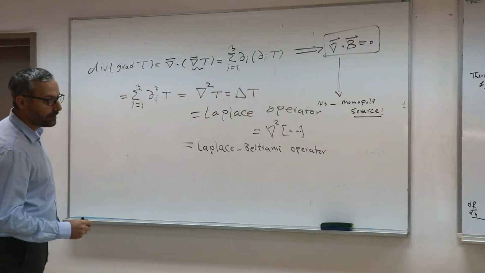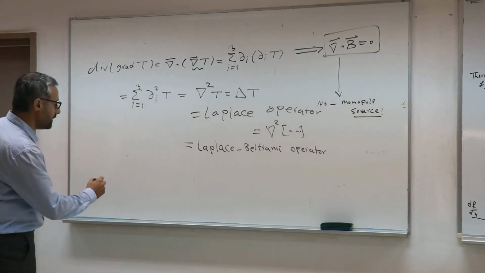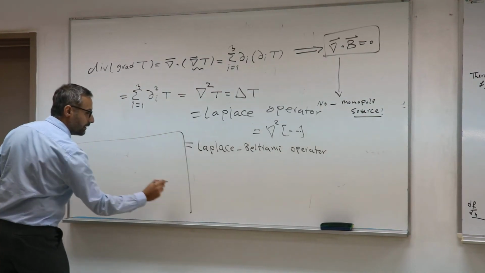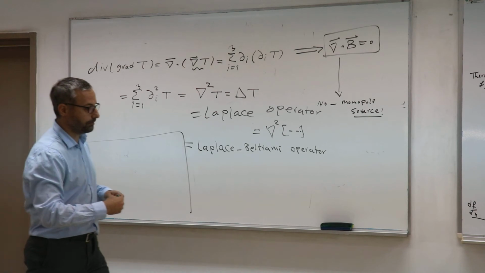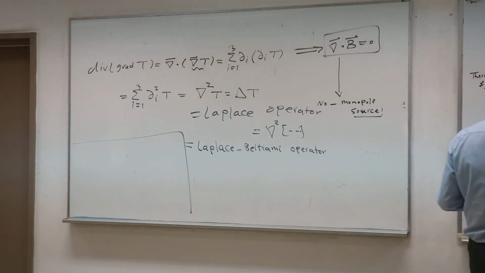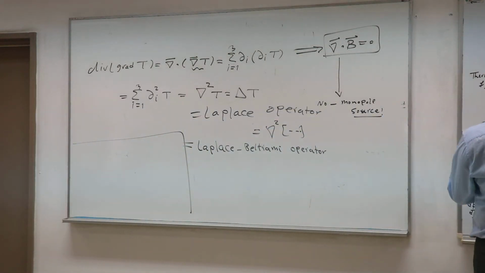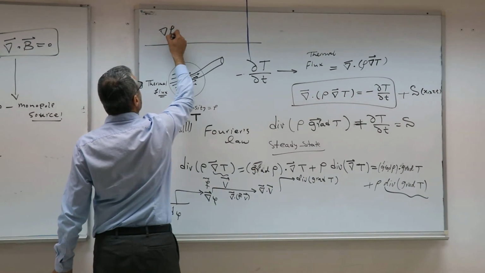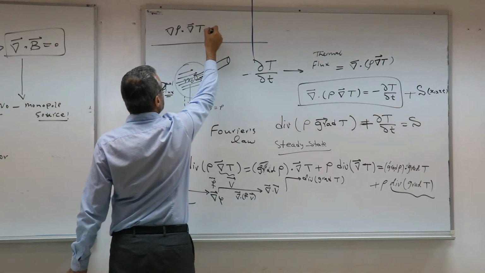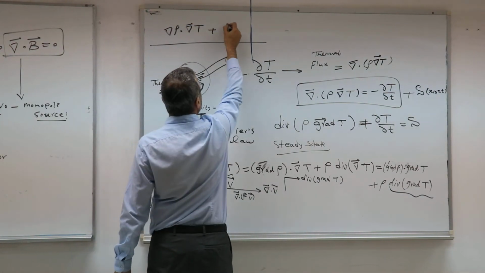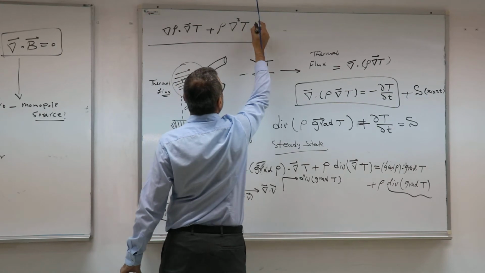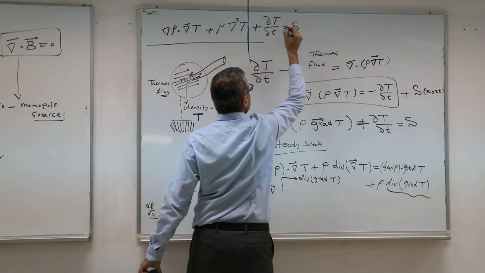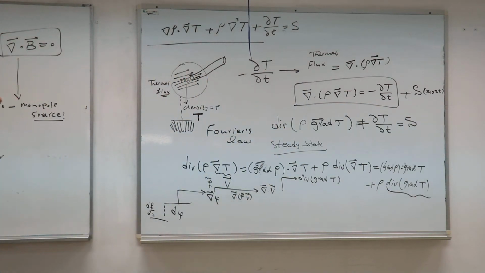After this note, I can write the heat transfer equation like this: gradient rho dot gradient T plus rho Laplacian T plus the partial derivative in time equals S. Heat transfer.